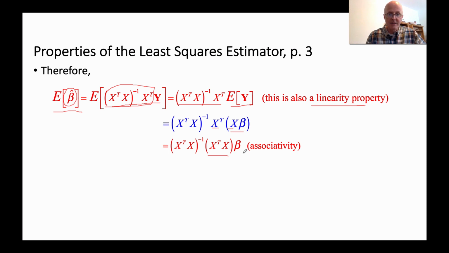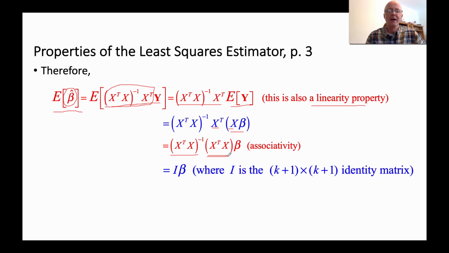And then stare at this and say, hey, wait a minute. This is X transpose X inverse, and this is X transpose X. If I multiply those, I have to get the identity matrix. I do. I, where I is the k plus 1 times k plus 1 identity matrix. Right? Why is it k plus 1 times k plus 1?